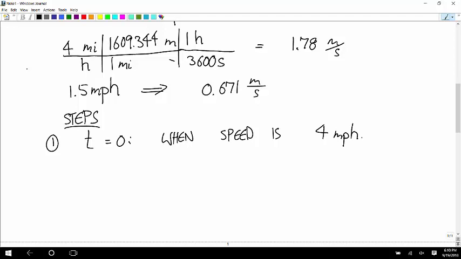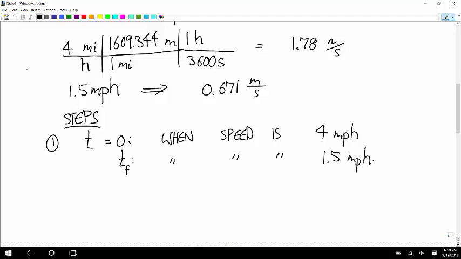And what do we want as our time final? It's the later instant where we have information. Yeah, when it gets to that second point, when the speed is 1.5 miles per hour.